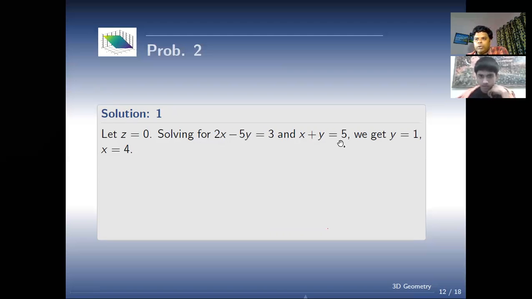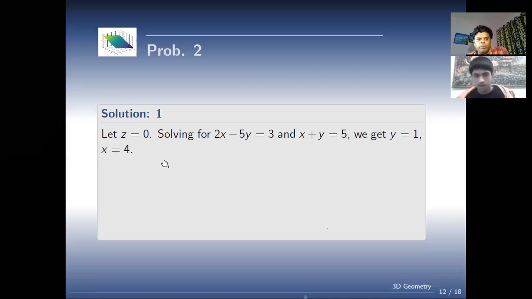In the second plane also, z is 0, so I have x plus y equals 5. I have two equations, two unknowns, and I can solve for them. I get y equals 5 minus x, and solving, y equals 1 and x equals 4.